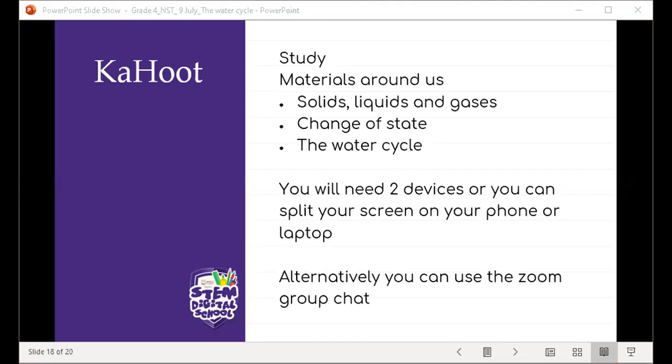For Kahoot, you will need 2 devices. If you do not have 2 devices, you can split your screen on your phone or laptop. Kahoot is a multiple choice question game that we will be playing. If you cannot use 2 devices or split your screen or move from browser to browser, then you can use the group chat to send through your answers.